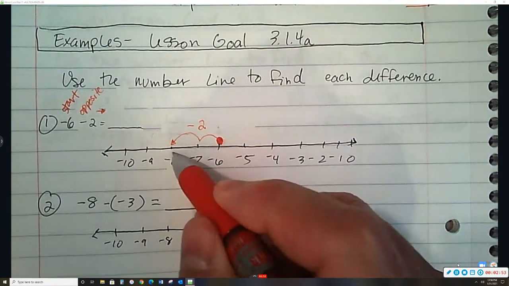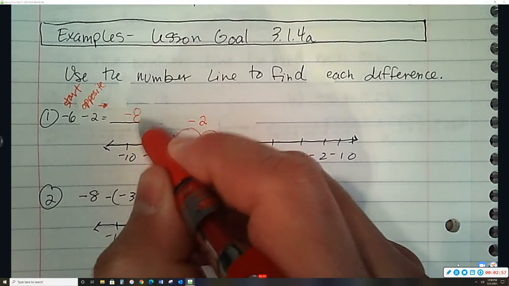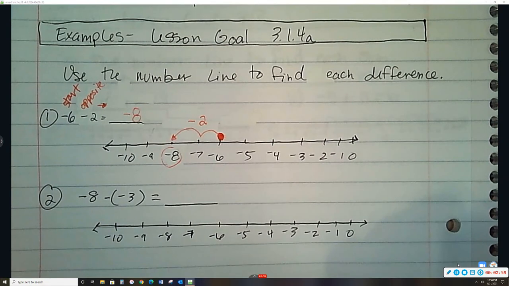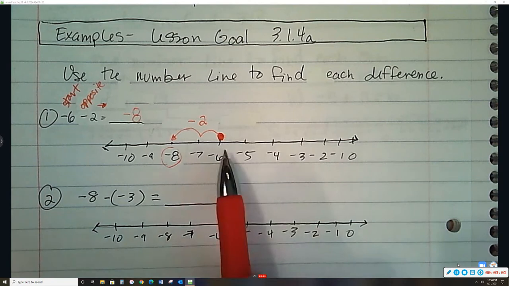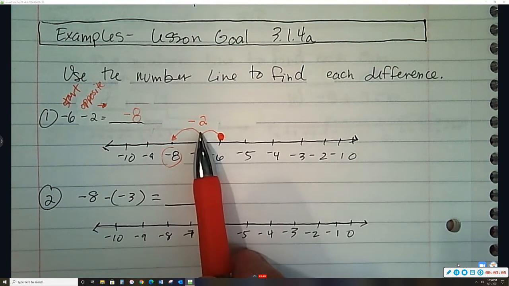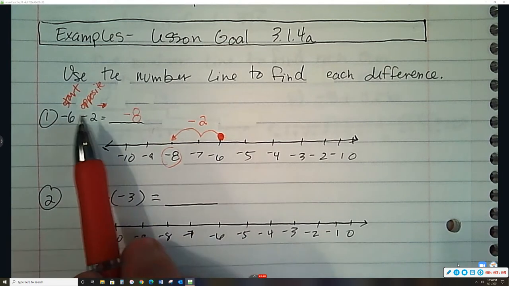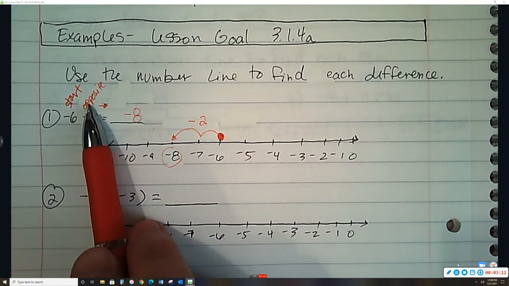And then again, where we end is our answer. So the beginning and the end is the same. It's how we move that's a little bit tricky, because we have to remember that the minus is opposite.